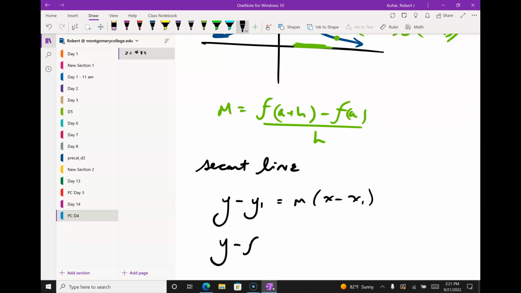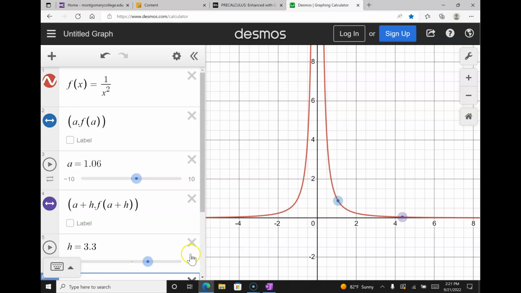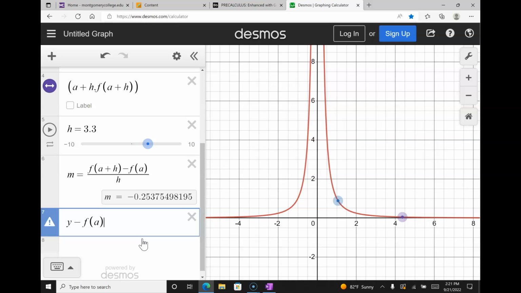So we're going to put in y minus f of a equals m all times x minus a. That's my next line I'm putting in to Desmos. Y minus f of a equals m times quantity x minus a. And there's my secant line.